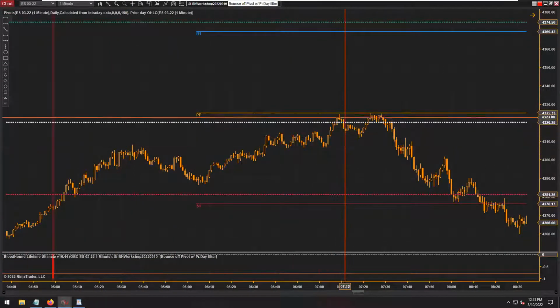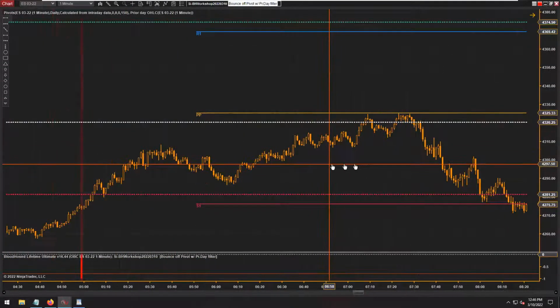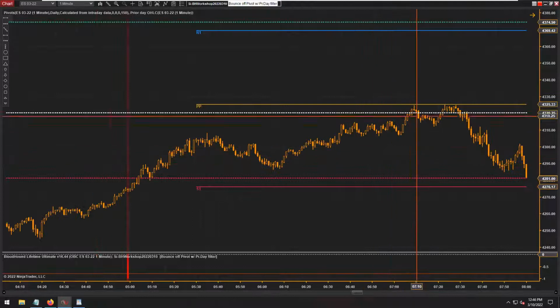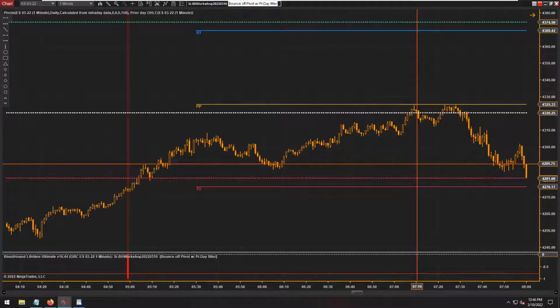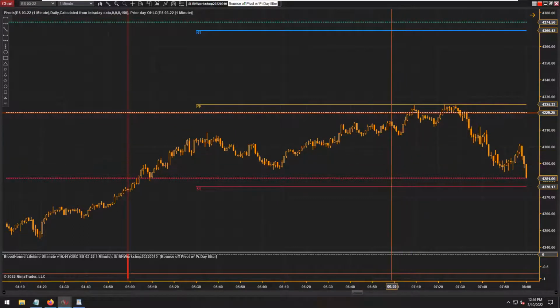And, oh, what do we got here? Oh, yeah, so look at that. What is that separation? It's only 5 points. Yeah, so we have the prior day close 5 points away from the PP line.